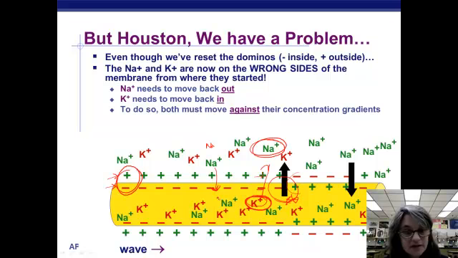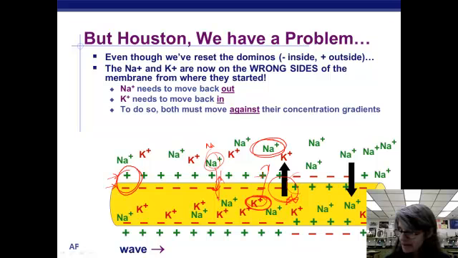So in order for it to come back out, we can open the door all day long, but they're not going to flow out because there's still more out here than there is in there. That's just the chemistry of the surrounding tissue. So we've got to move these things against their concentration gradients.